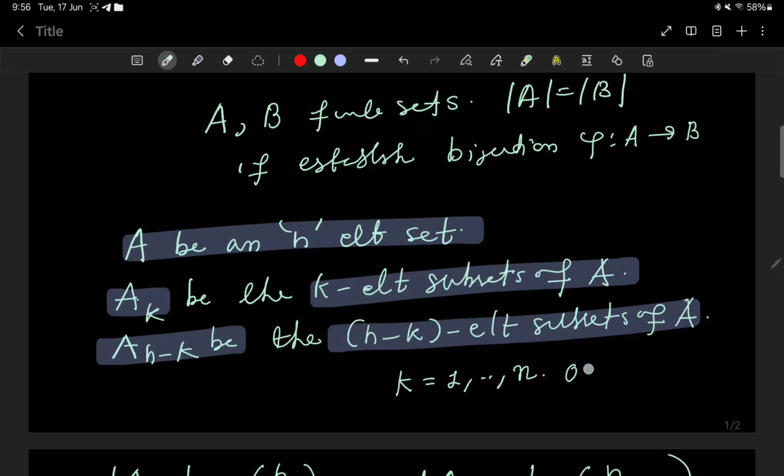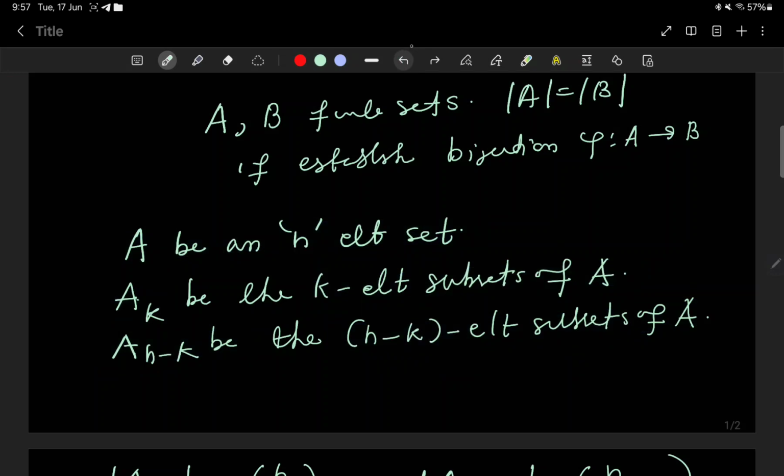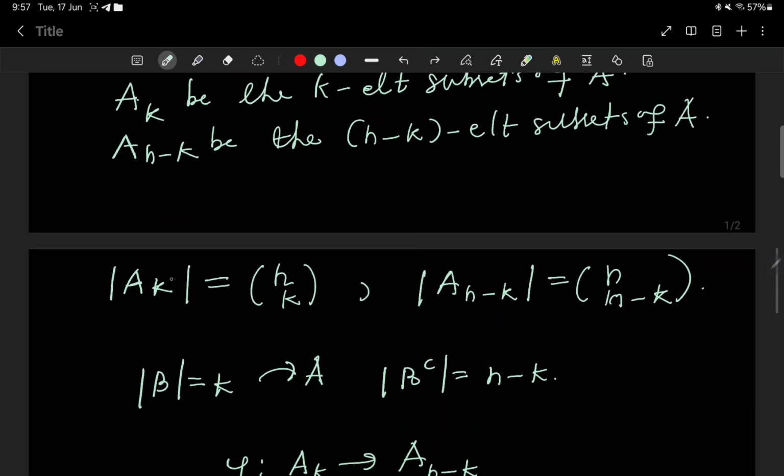Definitely k equal to 0 will work too, that is nothing but the empty set. Why do I choose this? Because the cardinality of A_k is nothing but n choose k. Similarly, the cardinality of A_(n minus k) is n choose n minus k, right?